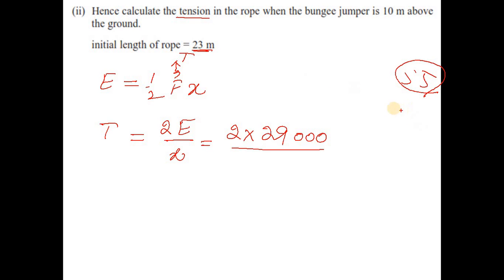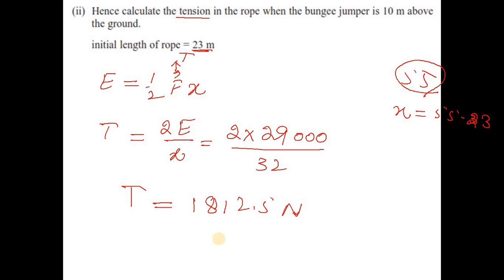That means x, the extension, is 55 minus 23, which is 32 meters. If you solve this, the tension would be 1812.5 newtons, and you can round it off to 1813 newtons. This is the tension.